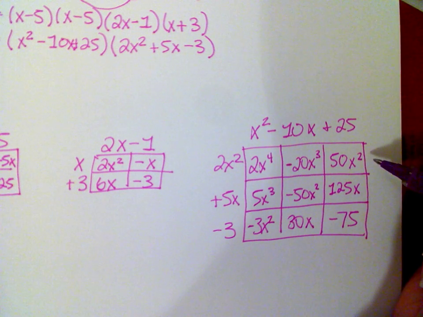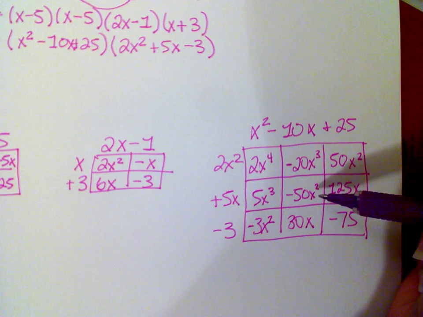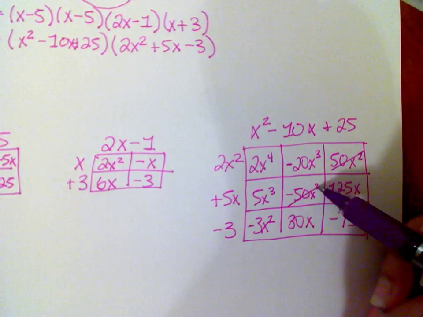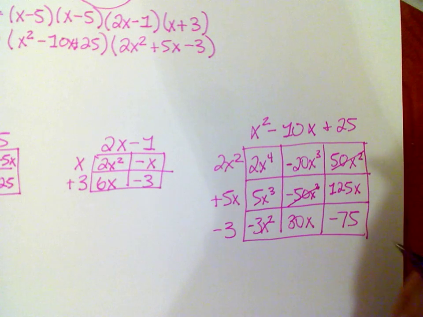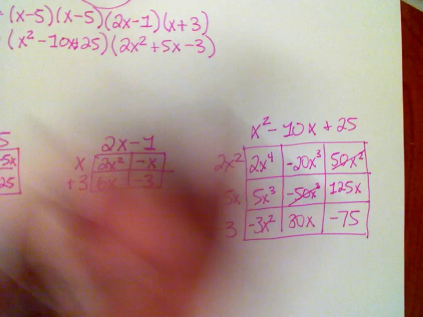Now let's see if any of our terms cancel. We have a positive 50x squared and a negative 50x squared, so these two will cancel. And then the rest we'll just combine like terms.